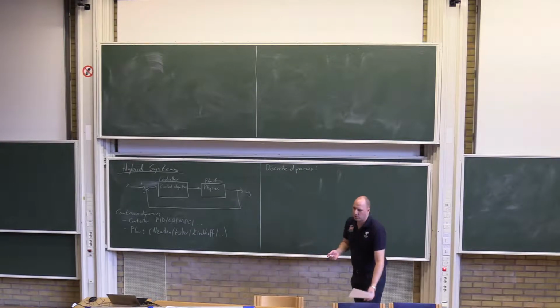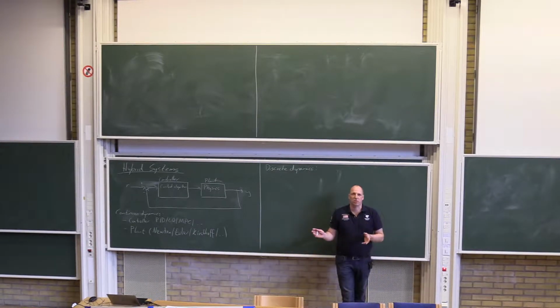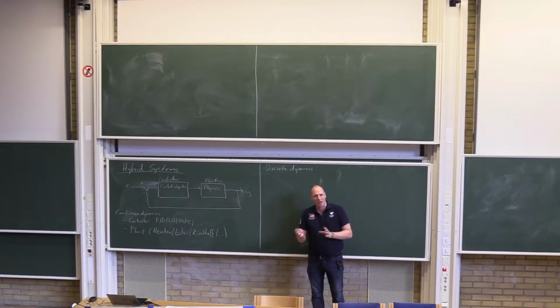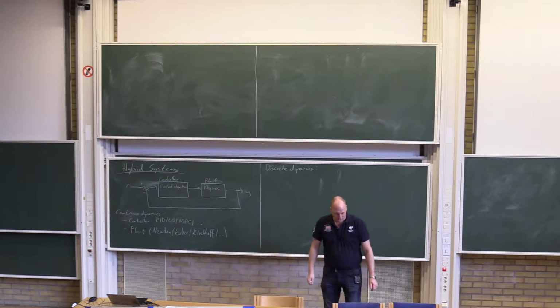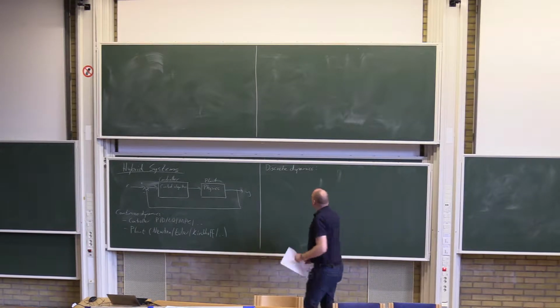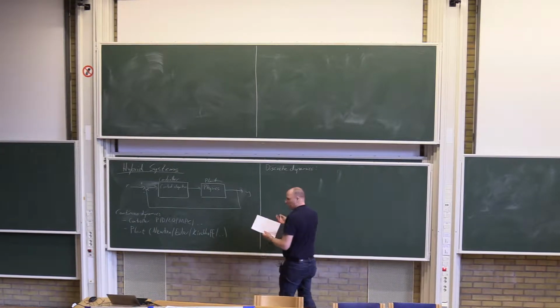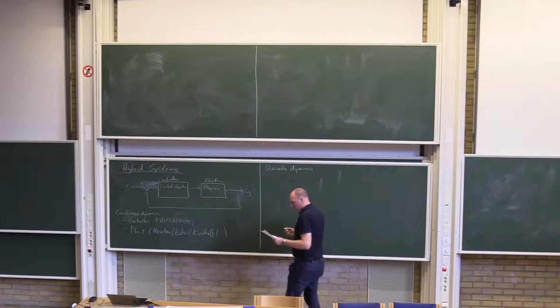A typical feature of industrial controllers is that they can be run in automatic mode or in manual mode. When they run in manual mode, it's for the operator to take over the control action and decide on the control signals themselves. So then we switch between two different modes.